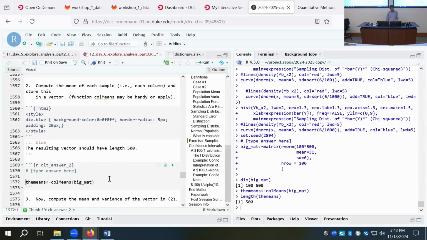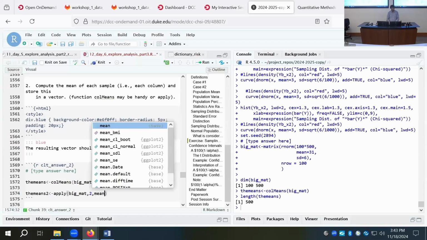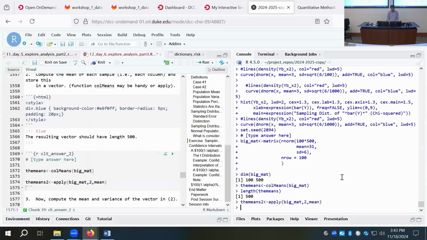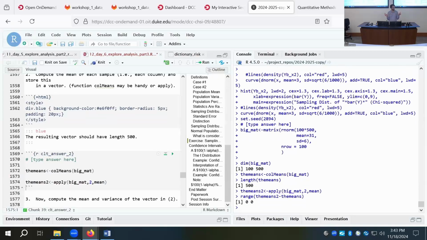You could also do this via apply on big mat with mean, and it should give exactly the same thing. So I'm subtracting the two, and the range of the differences should be 0 to 0 because they're the same.